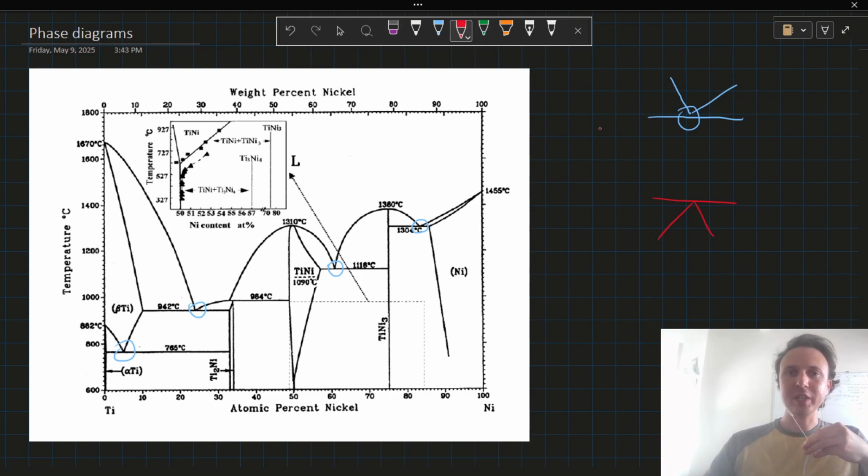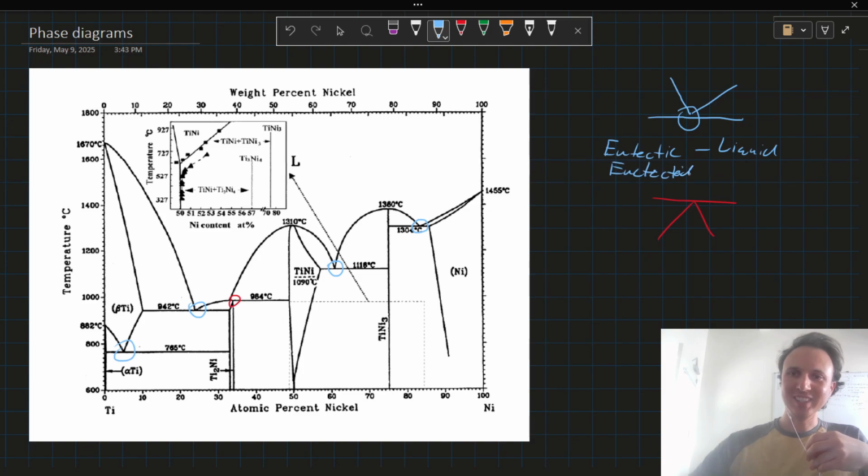And then for peritectic or peritectoid, here's one. It's a lot harder to see, but it's right down in here. And I think that's the only one on this diagram. What makes it, of course, from this point, eutectic is if it's a liquid on the top, and eutectoid if it's a solid on the top.